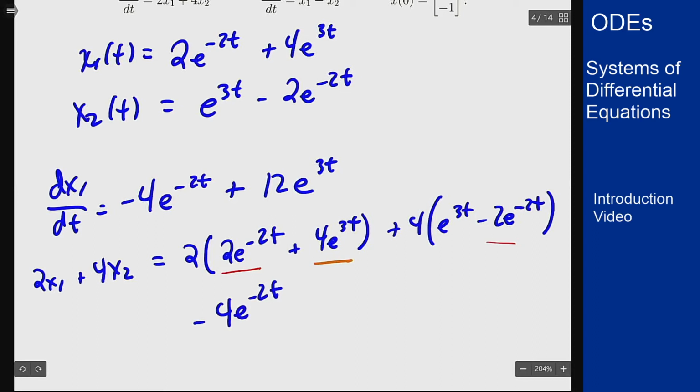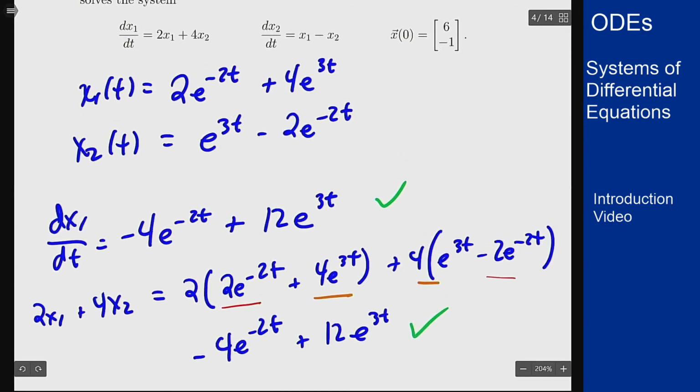And then 8 + 4 is 12e^(3t), so this one works. It satisfies both parts of that equation. We have verified for this solution that dx1 dt is in fact 2x1 + 4x2.